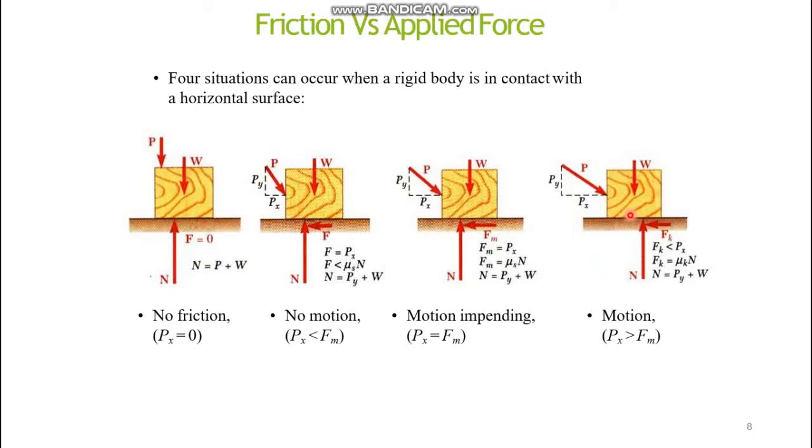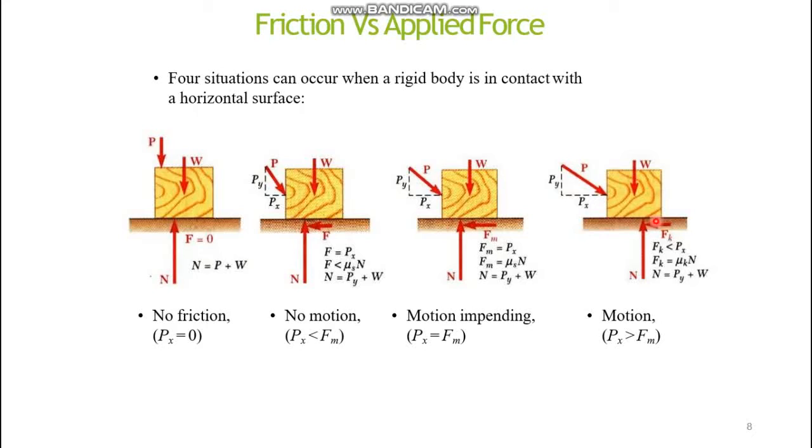And the last case: if the P force is applied inclined in the same manner as previously, there will be two components, Py in the vertical direction and Px in the horizontal direction. If this Px is greater than your frictional force, then motion will occur.